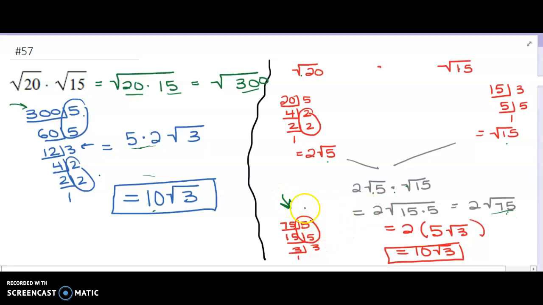And as you can see, it does. Square root of 75 is equal to a pair of 5s out front, left over 3, so 5 square root of 3. So I just said 2 times square root of 75 is 5 square root of 3. When I do that, I get 10 square root of 3. So you get the same answer both ways. It's just a matter of preference.